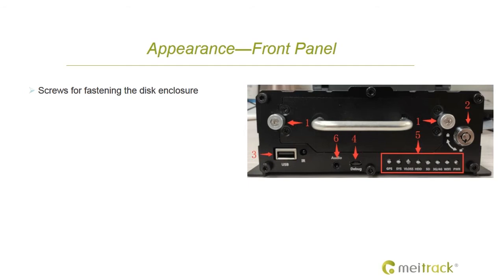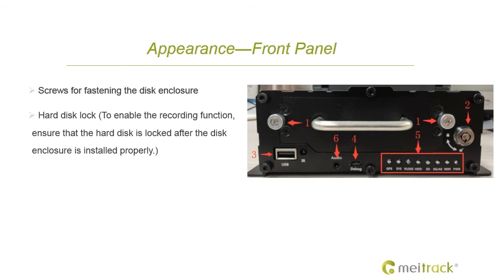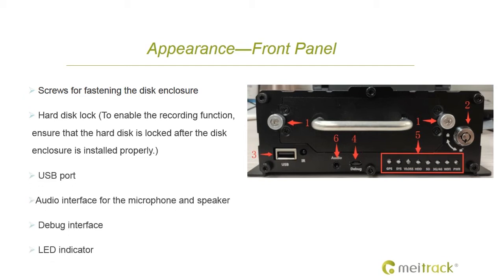In the front panel, you can see there are different indicators and icons. Let's follow the number orders and see what they are. These 2 small round icons are the screws for fastening the disk enclosure, and the big one is the hard disk lock. For other icons, there are words under them for explanation, like the USB port, audio, debug, and different LED indicators.